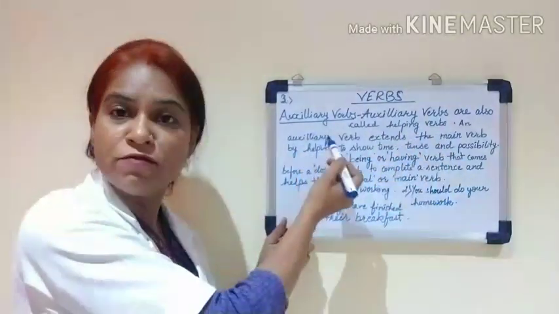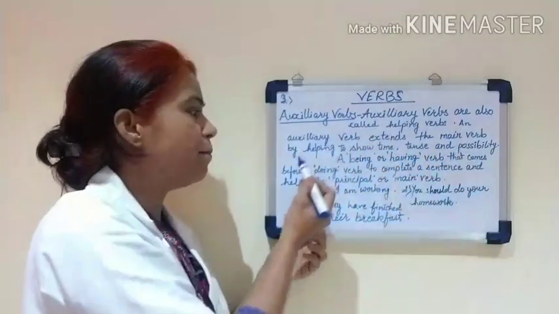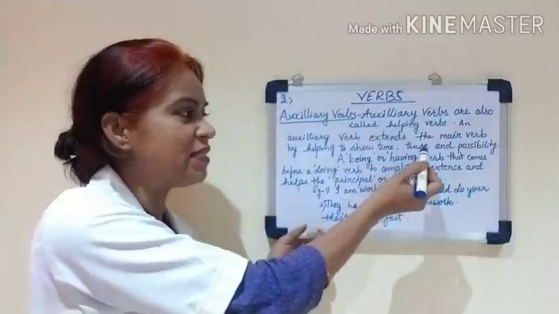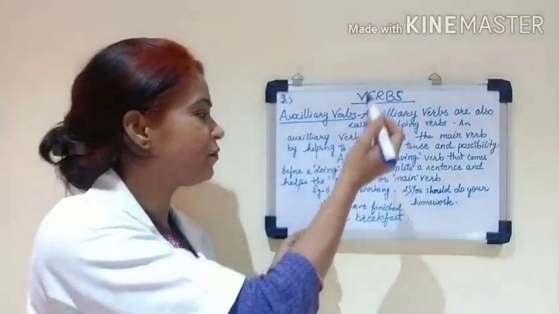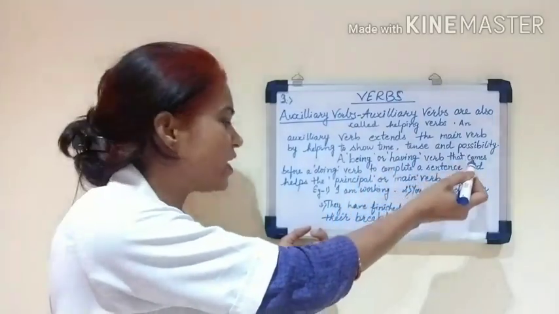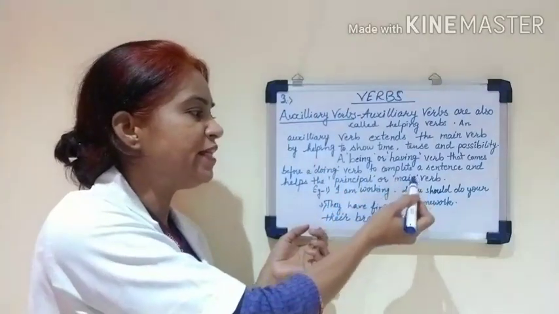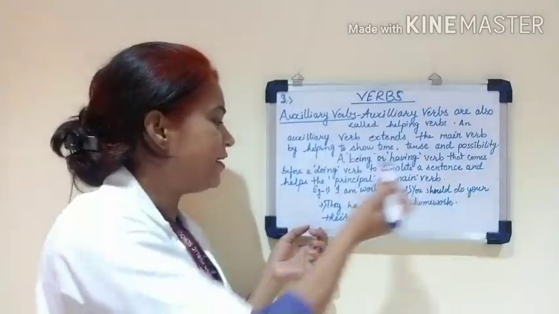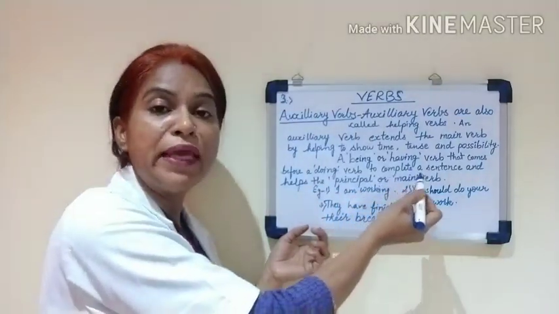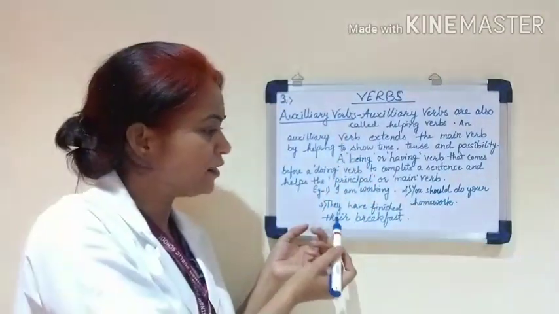An auxiliary verb extends the main verb by helping to show time, tense, and possibility. A being or having verb that comes before a doing verb to complete a sentence and helps the principal or main verb. Some examples I have written here.